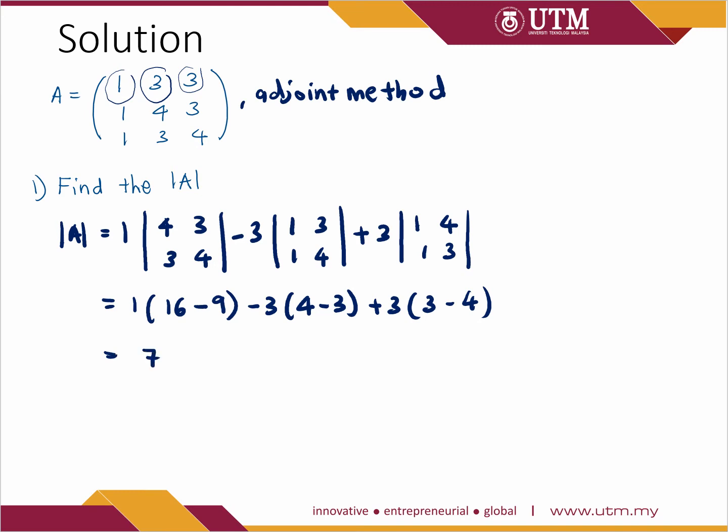So here we have 7 minus 3 times 1 plus 3 times negative 1. So this will be 7 minus 6, which is 1. So the determinant will be equal to 1.